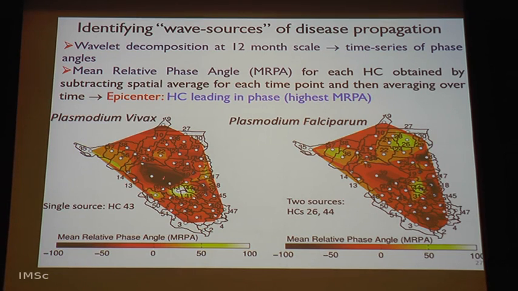Here we can see for the mean relative phase angle for Plasmodium vivax, it is 43. This place has the highest phase angle, this is the epicenter. And here, two places come up. This is expected, it's the administrative location where people can go from all the places, administrative offices are there. And this is also located near the forest area.